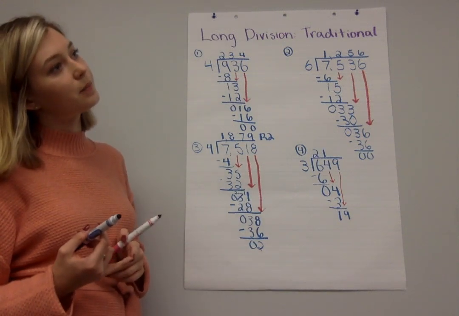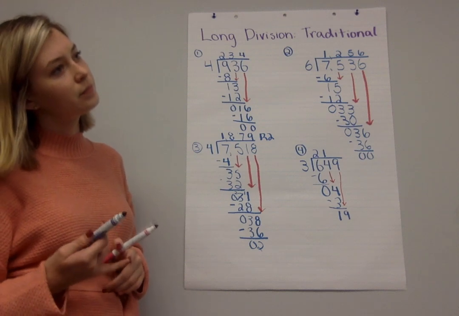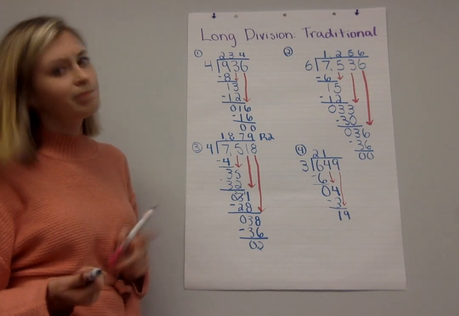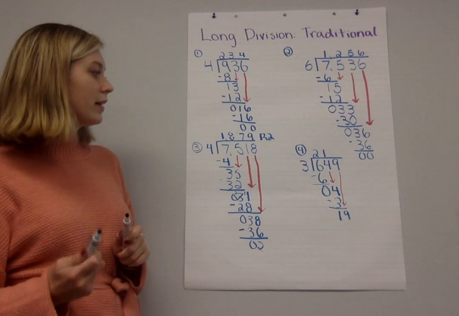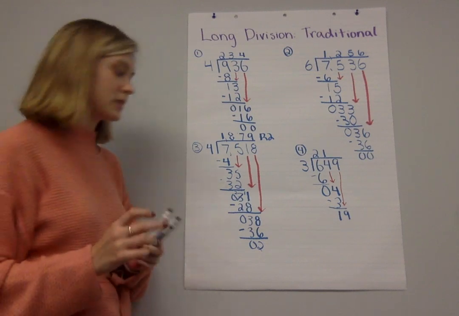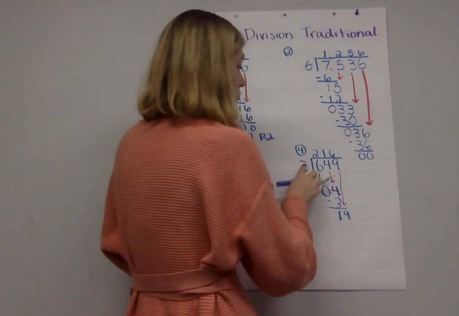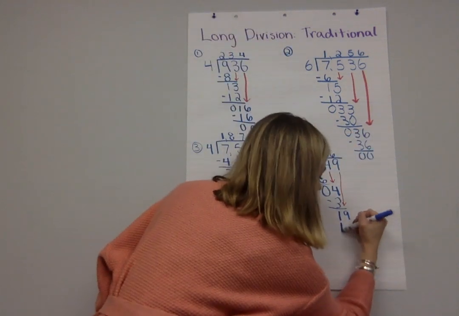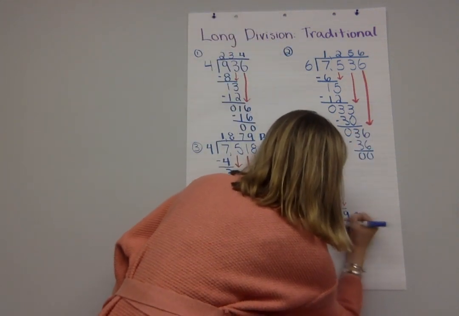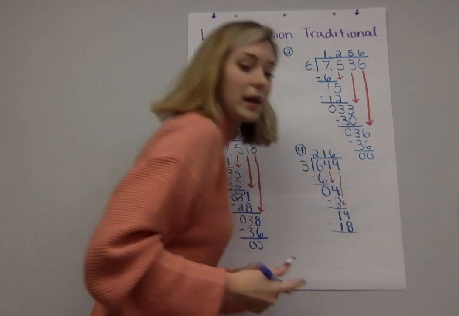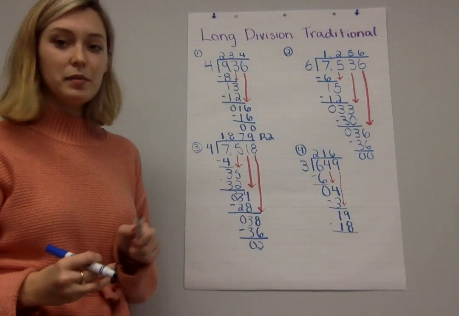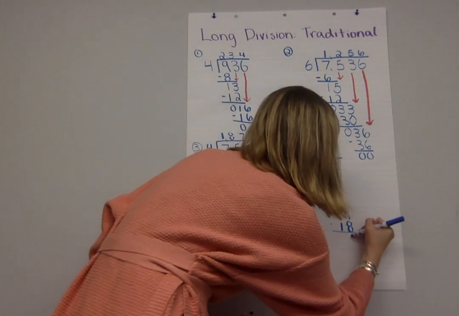Let's see. What do you guys think? I think it goes in 6 times. Let's try. 3 times 6 is 18, minus 19 minus 18 is 1.